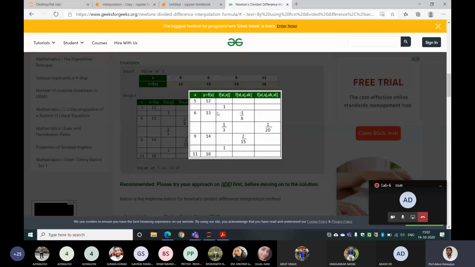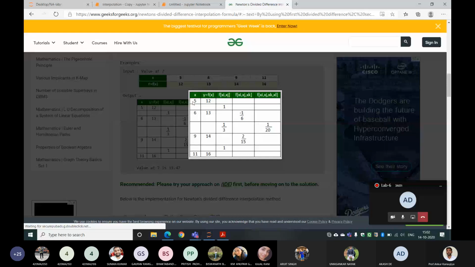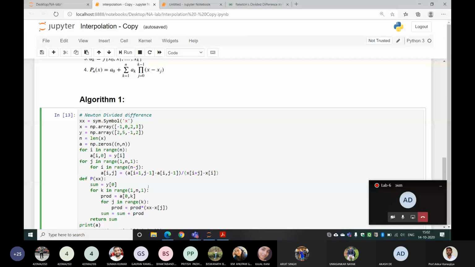Then this minus this, and corresponding x, you divide this minus this, then you will get minus 1 by 6. The same thing I am doing here. If you are calculating the value at the jth column, that is j minus 1, the value at the previous column, and a i plus 1 minus a i is the numerator, and the denominator is x i plus j minus x i.